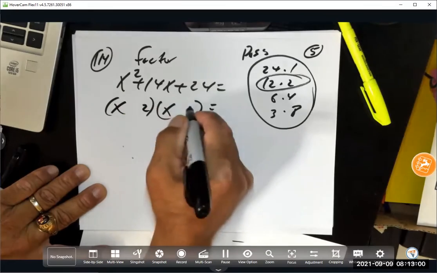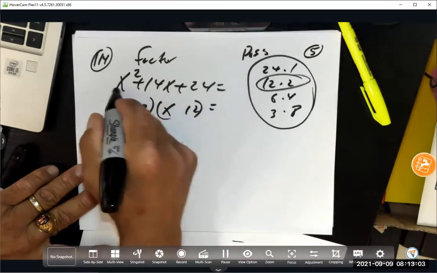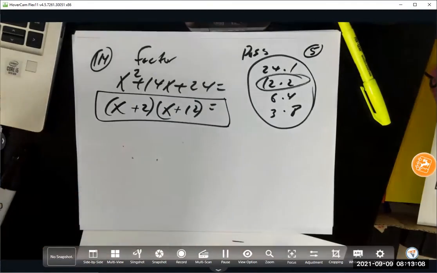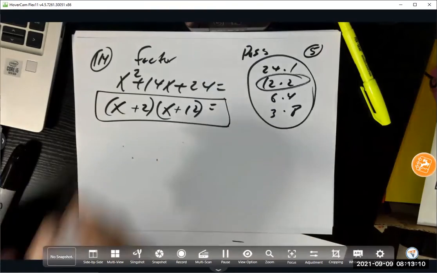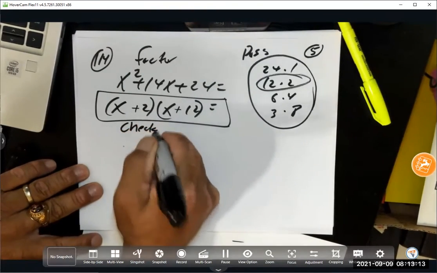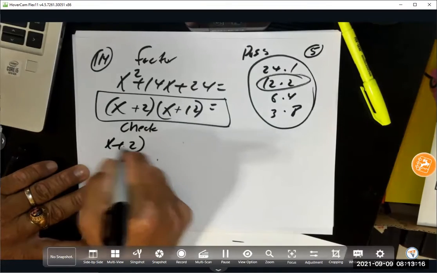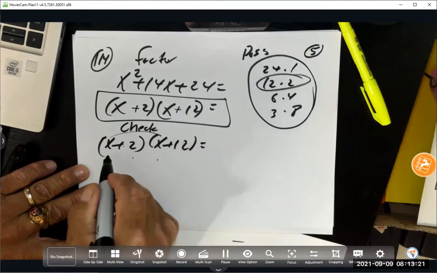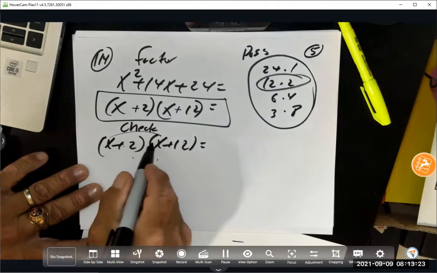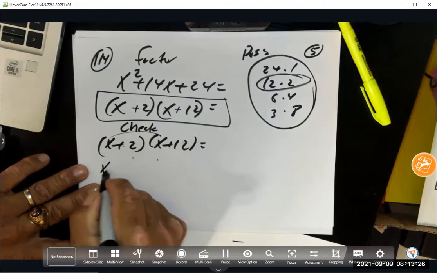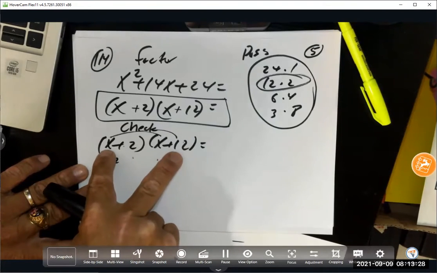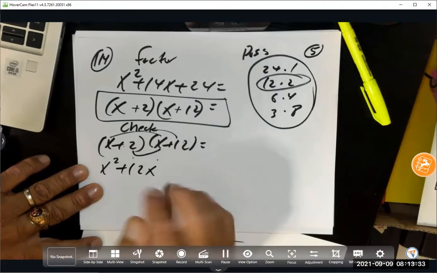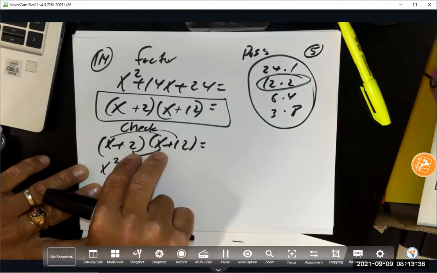x, the 2 and the 12. They're all pluses right now, so just put pluses. I say the thing in the box is the answer. Once you do this, you always have to check it, okay? So it's x plus 2 times x plus 12. Does that work? Let's see. x times x? x squared. x times 12? 12x. 2 times x? 2x.